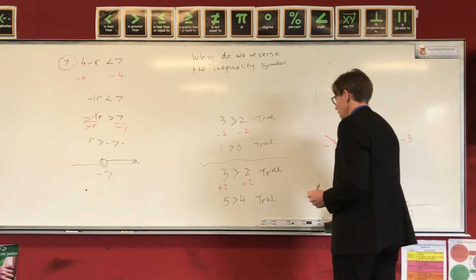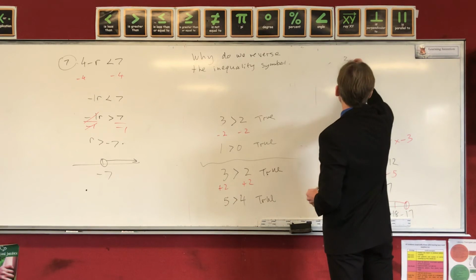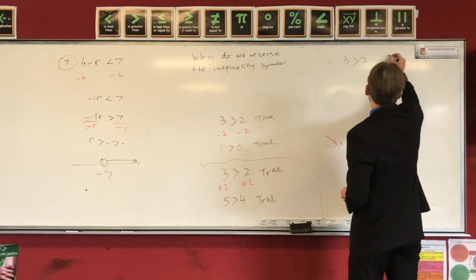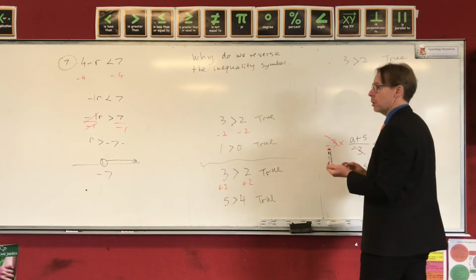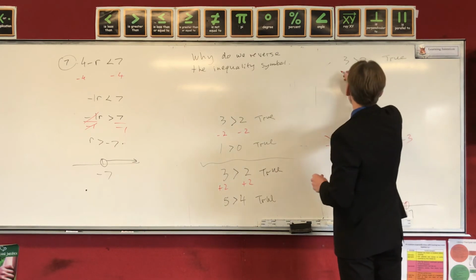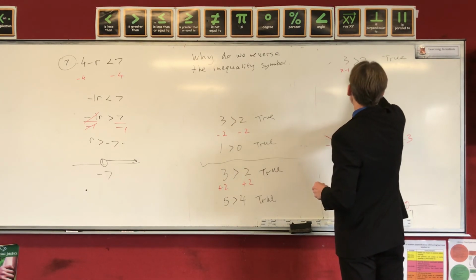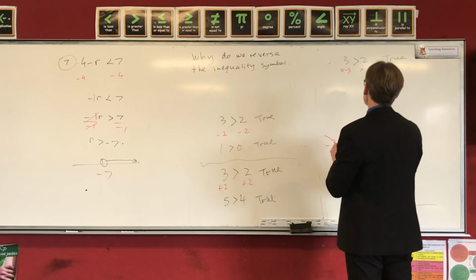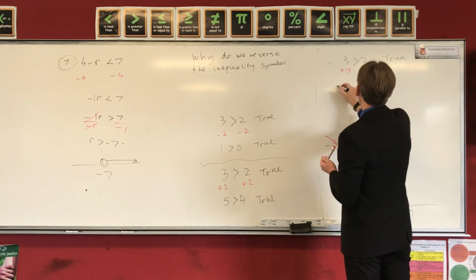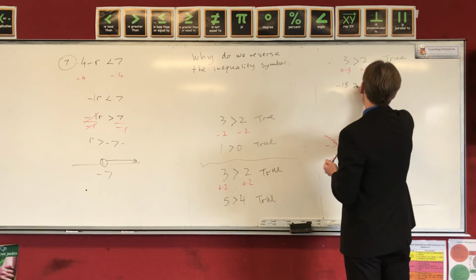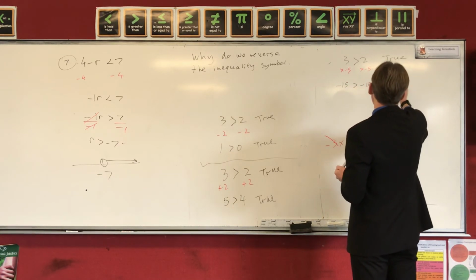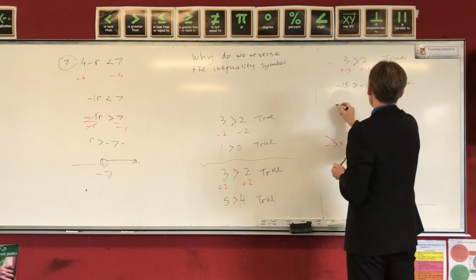Now, what if I start off with 3 bigger than 2? That is true. Now what if I multiply both sides by, let's say, negative 5, some negative number? Now, I get negative 15 bigger than negative 10. That is false. Okay, think about the number line.